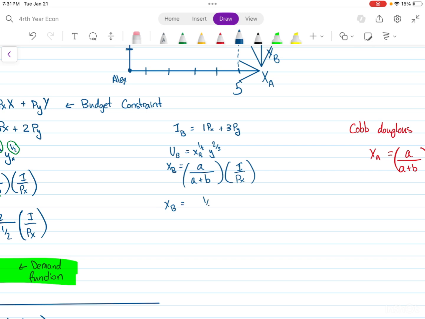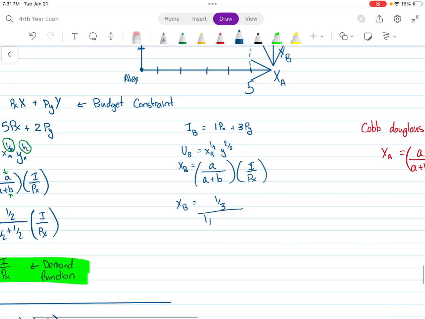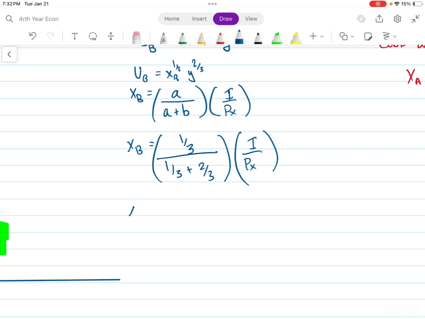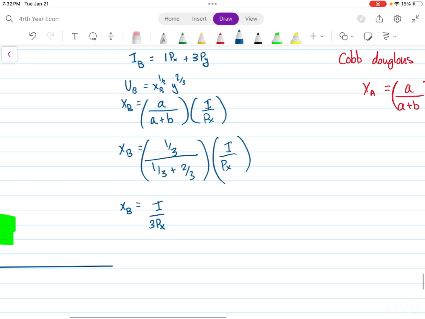We get 1/3 over 1/3 plus 2/3 multiplied by I over the price of X. So we get the demand function for X, which is I over 3PX. And let's do Y real quick as well.